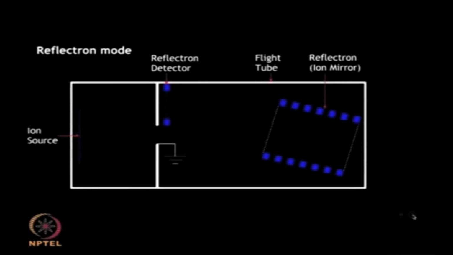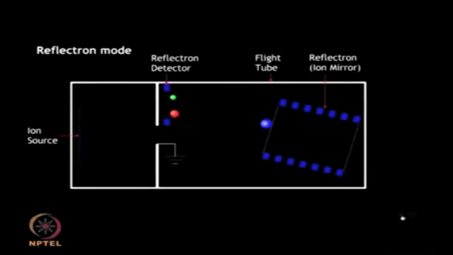A reflectron, which acts as an ion mirror, is incorporated at one end of the time of flight tube. This helps in extending the path length, and in turn the flight time of the ion, without having to increase the actual size of the instrument.